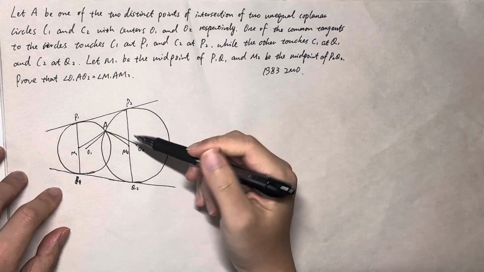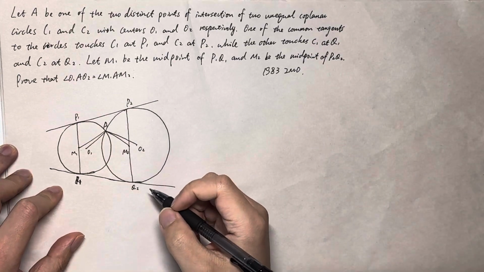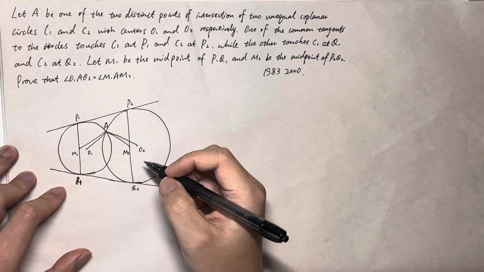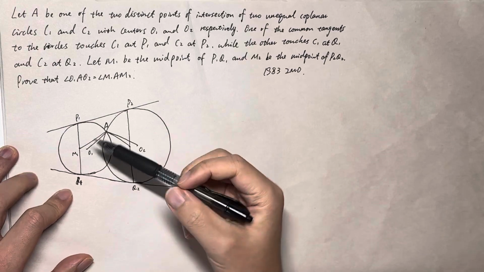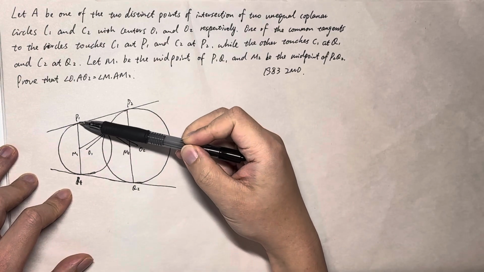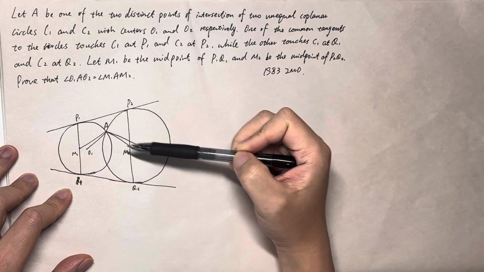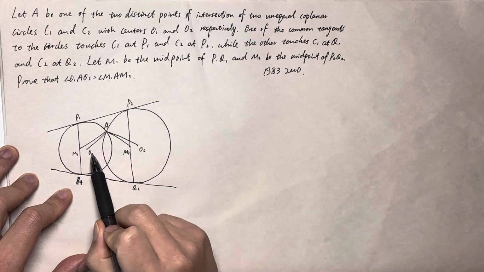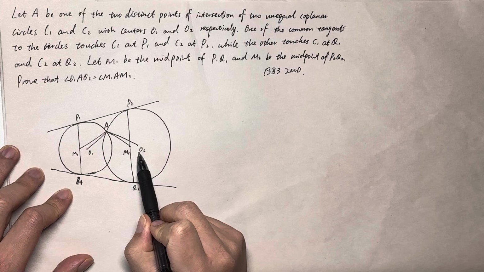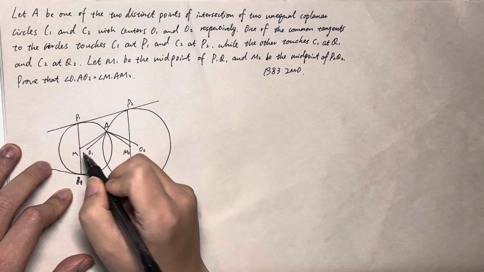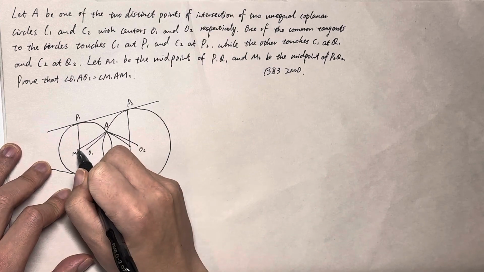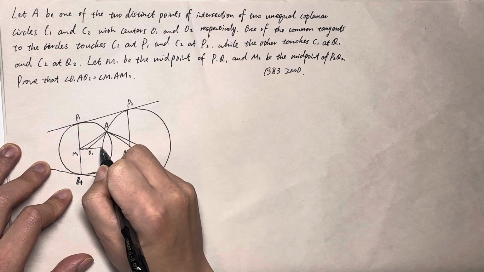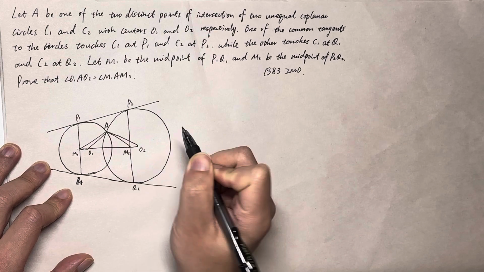Let's just look at the figure and try to find whatever we can find. First of all, M1 is the midpoint of P1Q1, and M2 is the midpoint of P2Q2. So we know that M1, O1, M2, O2 are collinear. I'll just draw the line.